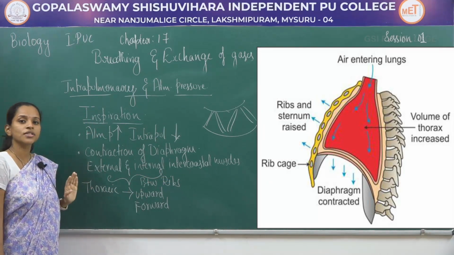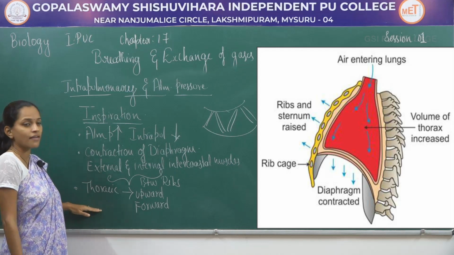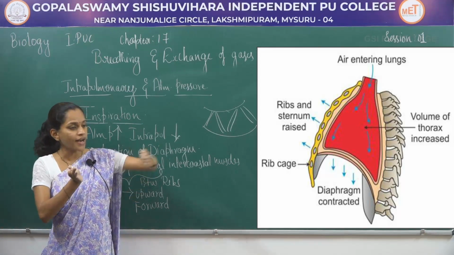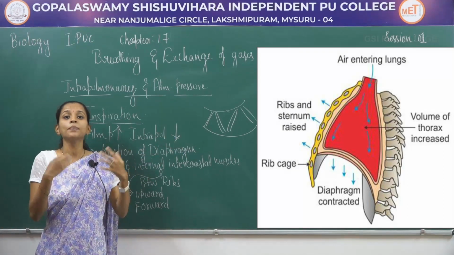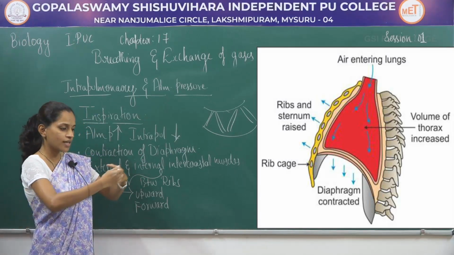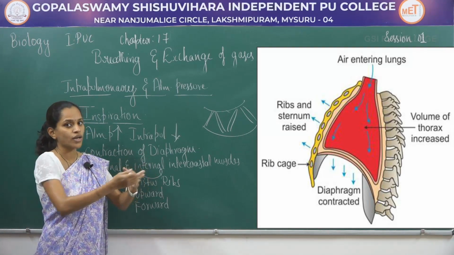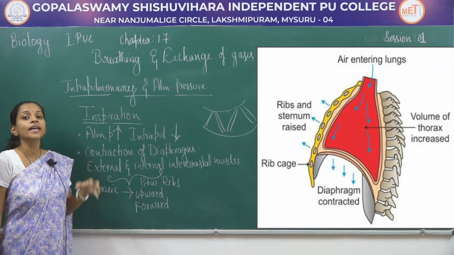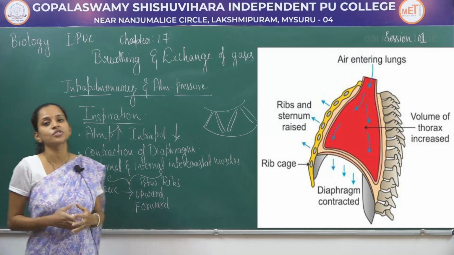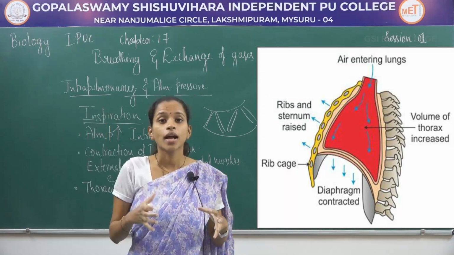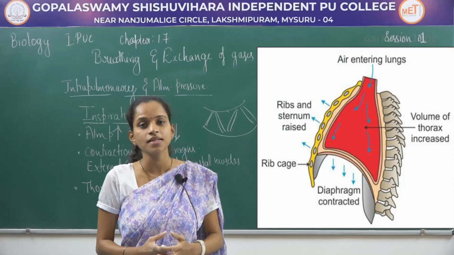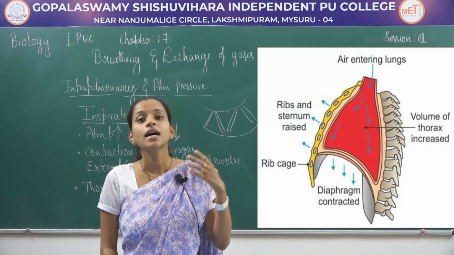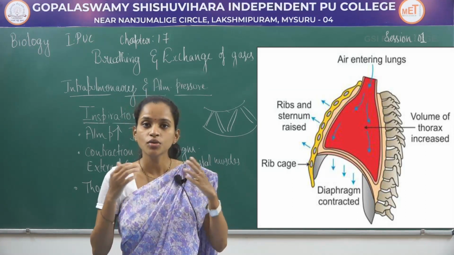Once this contraction takes place, the thoracic cavity moves upward and forward. When you deep breathe, you can feel that your thoracic cavity has moved forward. It also moves upward. So this forward and upward movement creates a large amount of space in the thoracic cavity. As the thoracic cavity space increases, automatically the pulmonary volume also increases.